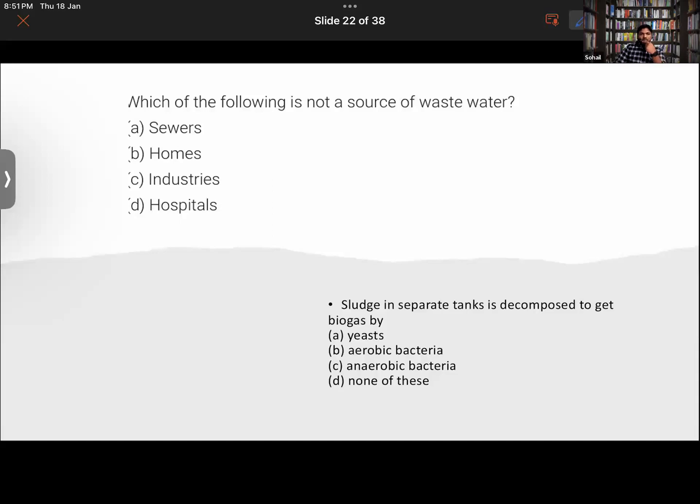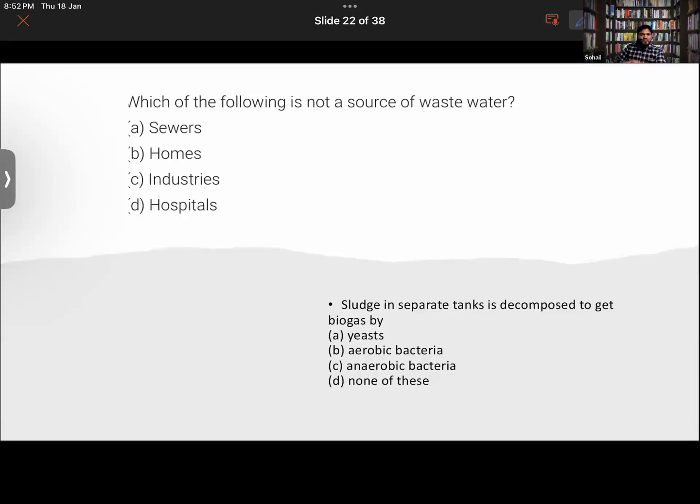Source of wastewater. Source of wastewater basically means that place from where wastewater is being released into the environment. For example, when you look at the given options, if you look carefully, there are some places from where waste is being produced and then discharged into the drains, right?